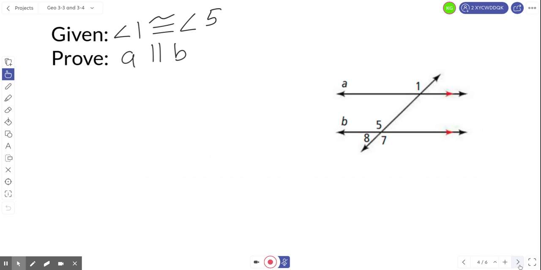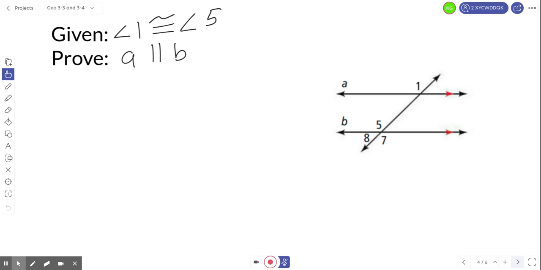So here we have a situation, and this is how our proof situations look, as you saw in the last lesson. Given angle 1 is congruent to angle 5, and here's my picture over here, I have to prove that line A is parallel to line B. These ones happen to have these arrows here because that's the picture I got it from, but pretend we don't know that they're parallel and we have to prove it.